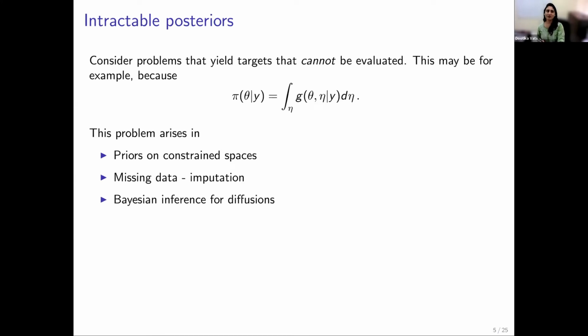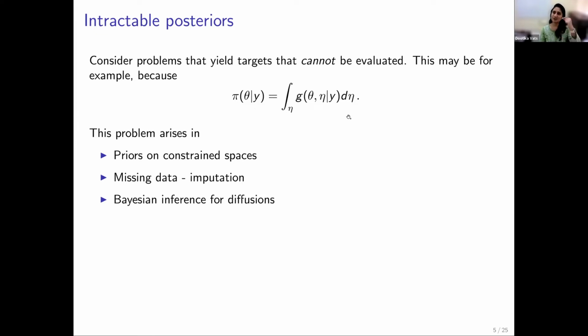And that can happen when I talk about intractable posteriors. We may be in a situation where pi tilde cannot be evaluated when my target distribution posterior pi is written in the form of integral of g of theta comma eta given y d eta.